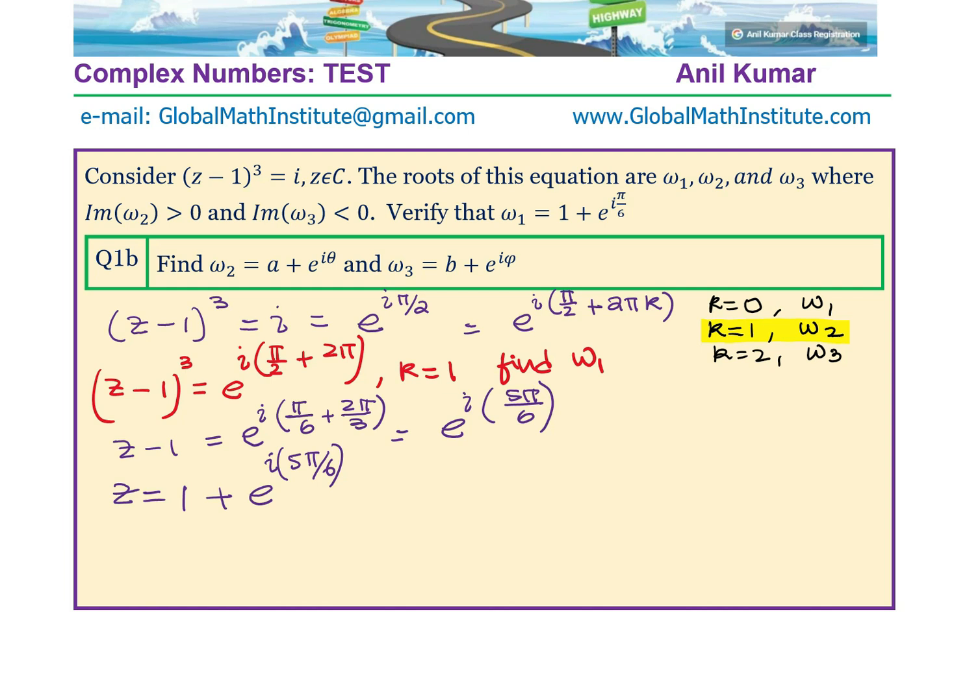Which is in the form of a plus e to the power of i theta. So you can say omega 2 equals 1 plus e to the power of i 5 pi by 6. So in this case, we get a equals 1 and theta equals 5 pi by 6.